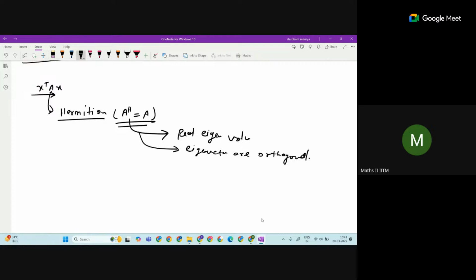And the second is another matrix, a unitary matrix, which I was calling an orthogonal matrix.